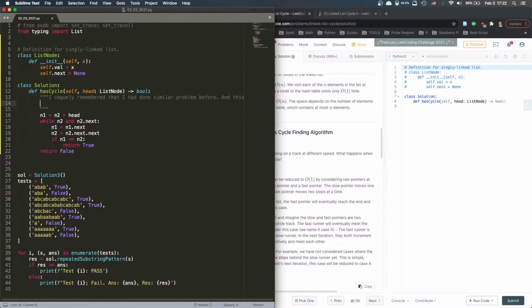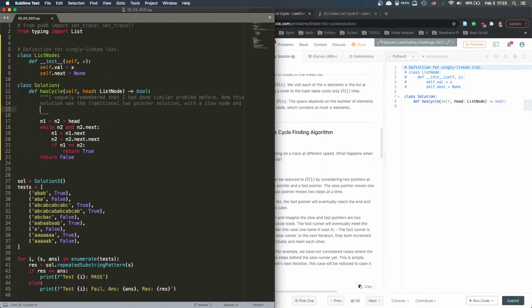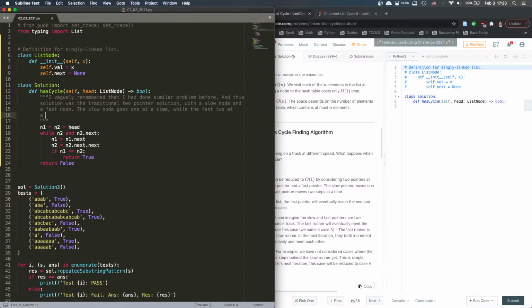And the solution is the traditional, the official one, the traditional two-pointer solution with a slow node and a fast node. The slow node goes one at a time, while the fast goes two at a time.